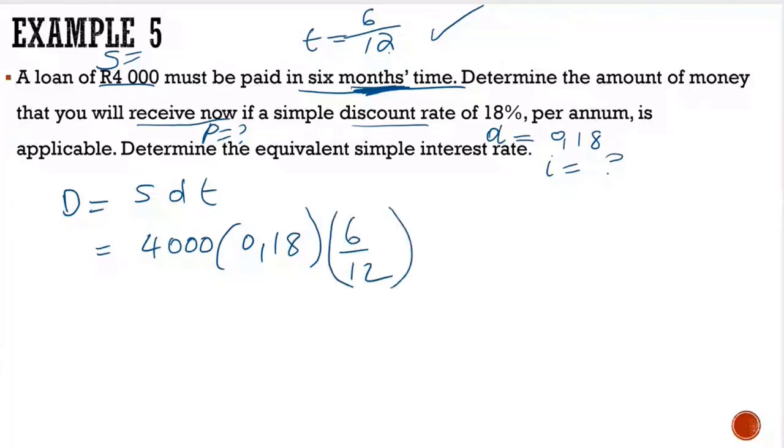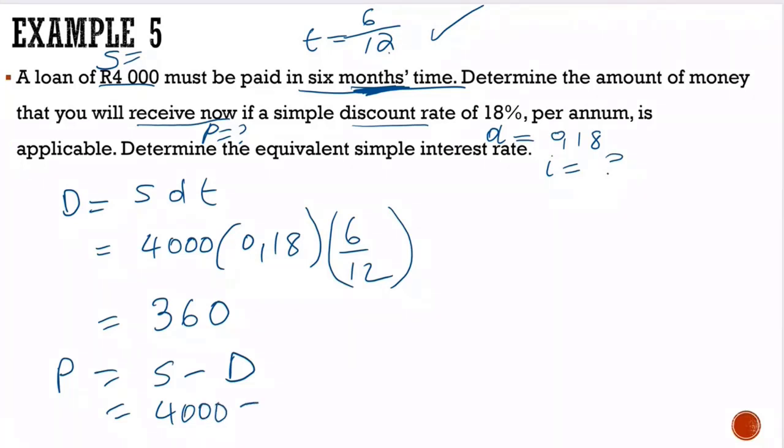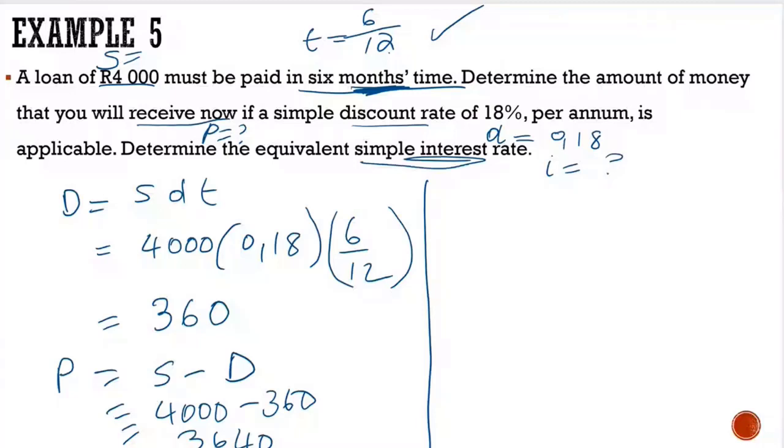You plug it into your calculator, and your calculator will give you 360. What is your present value? Your present value is equal to S minus D, so 4,000 minus 360, which is equal to 3,640.